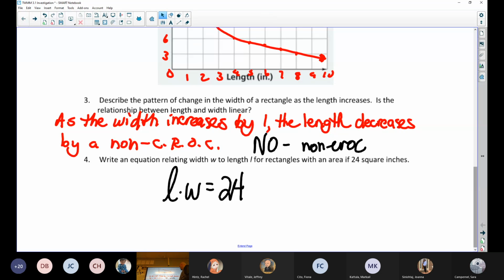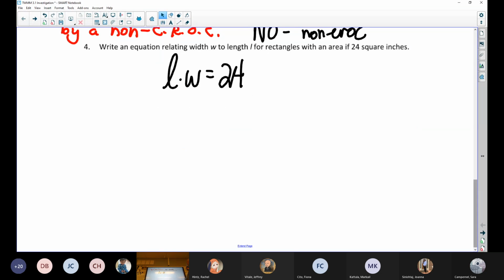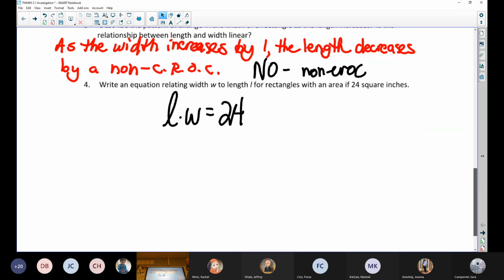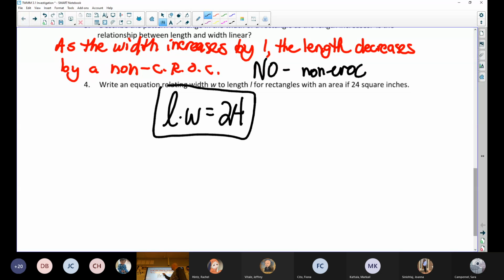Now let me show you something a little neat here. If we were trying to solve for the length, right? I'm going to box this in, but watch what happens.